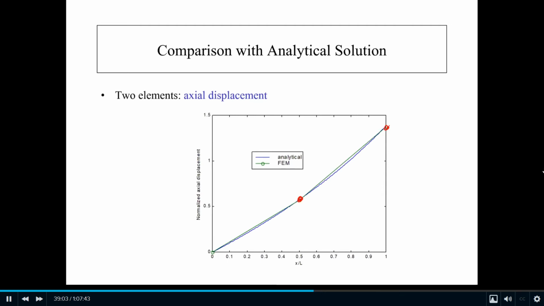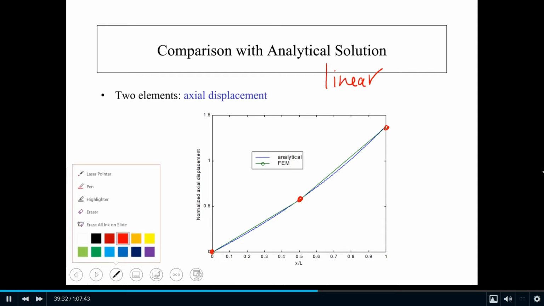But we know that if you use linear elements, you assume linear approximation. It means that the solution within each element is linear. So this U1 is 0 from the boundary condition, and what you can do is just draw a straight line.